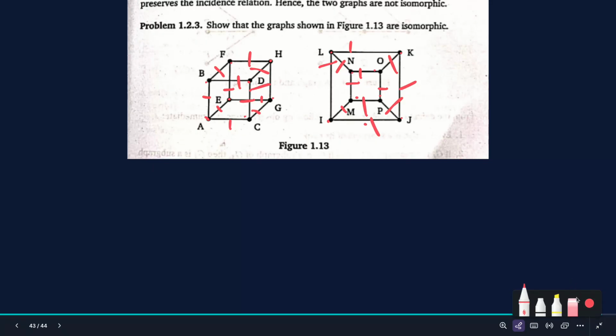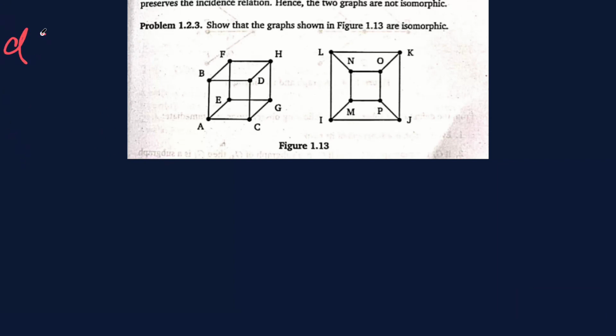Now let's find the degree of all the vertices and see whether we can create a one-to-one correspondence here. Let's start with the degree of A. Degree of A is 3. Degree of B is 3 again.